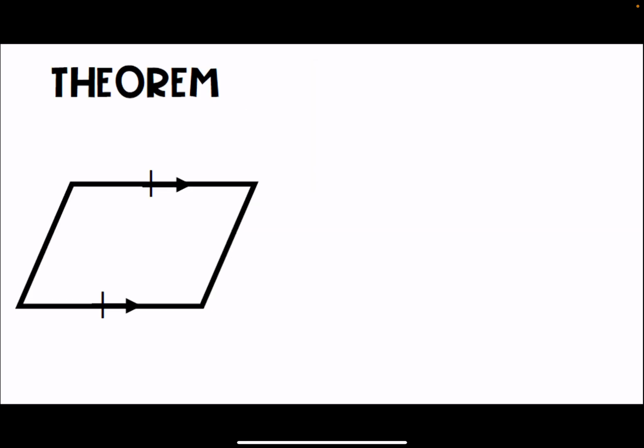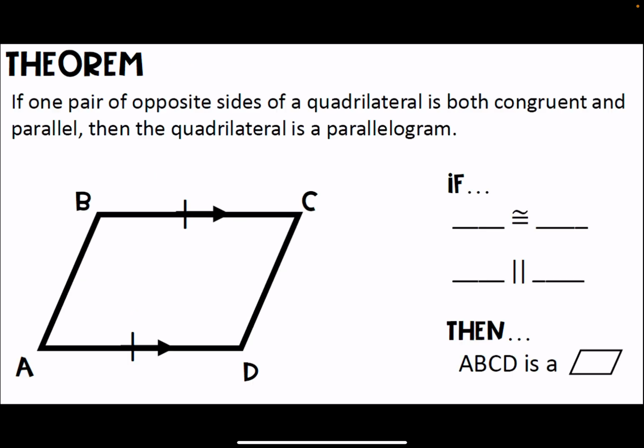Because you've got one last one that's a little bit different. This one is also debated sometimes. Some people like teaching it, some people don't, because they're like, no. So hear me out. If one pair of opposite sides of a quadrilateral is both congruent and parallel, then the quadrilateral is a parallelogram.